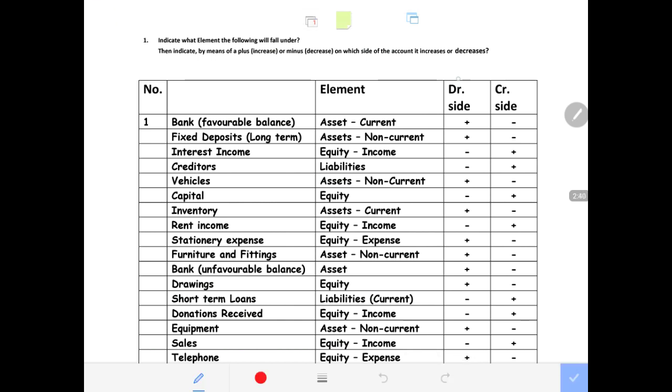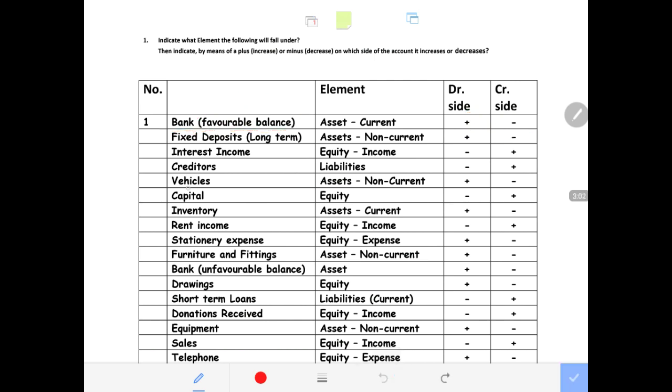Now, the last two columns specify on which side an asset, an income, a liability, and an owner's equity item increases or decreases. Bank with a favorable balance increases on the debit side and decreases on the credit side.